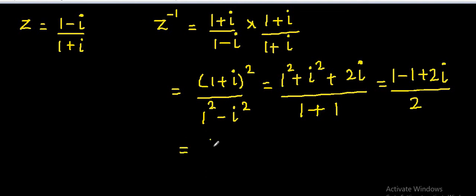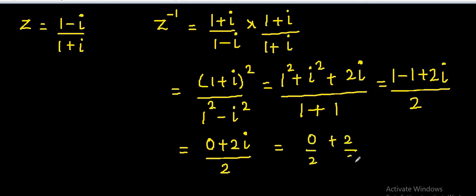So we obtained 0 plus 2 iota whole divided by 2, which can be separated as 0 by 2 plus 2 by 2 iota, which is written as 0 plus 1 iota. So z is 1 minus iota over 1 plus iota, and z inverse is 0 plus 1 iota.